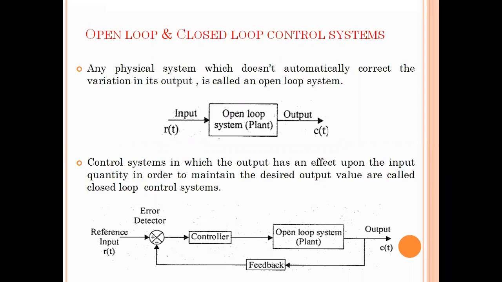So what will the AC do? The feedback element is generally a temperature sensor in the AC. This temperature sensor will sense the room temperature. It is 32 degrees. But what is our reference input or the desired output? We need to achieve 20 degrees.